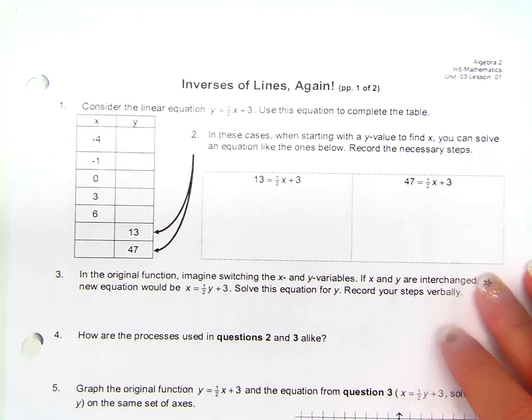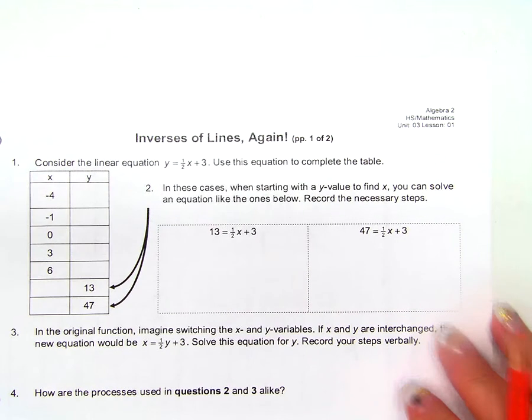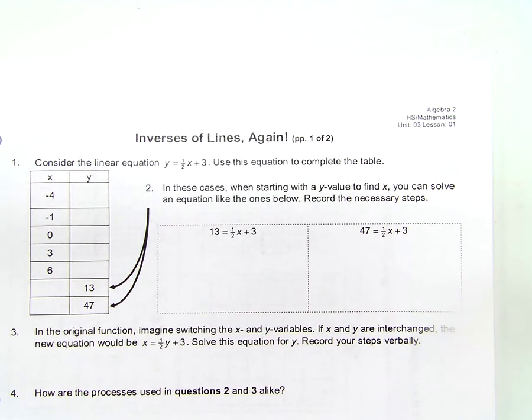Look at the other page, please. Inverses of lines again. You told me earlier that you can find the inverse of a table really easy. Do you still agree with that? And how do you find the inverse of a table? Switch x and y. Okay? You told me that you could find the inverse of a graph really easy. Do you still agree with that?